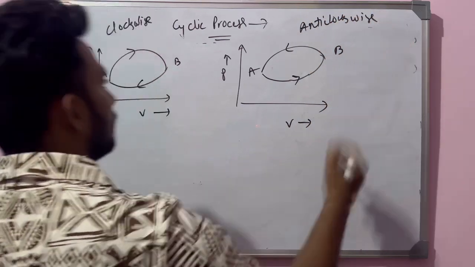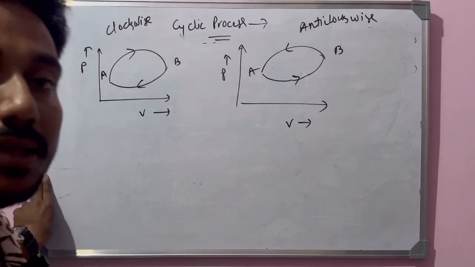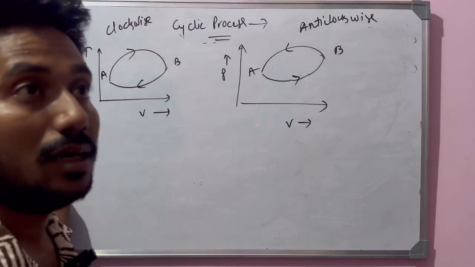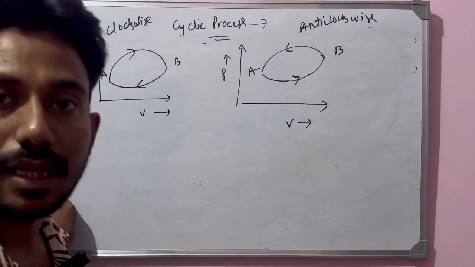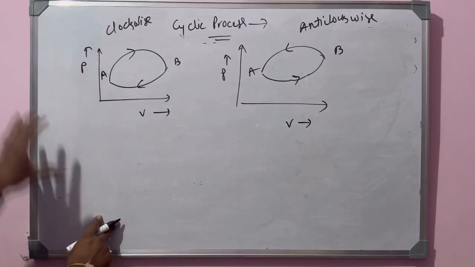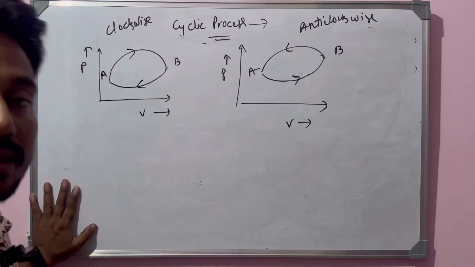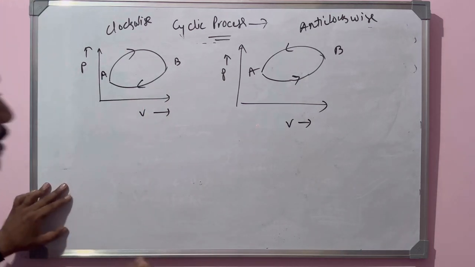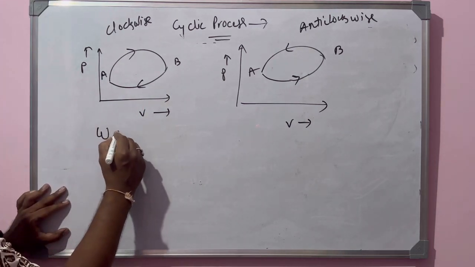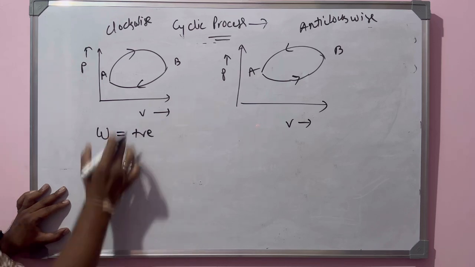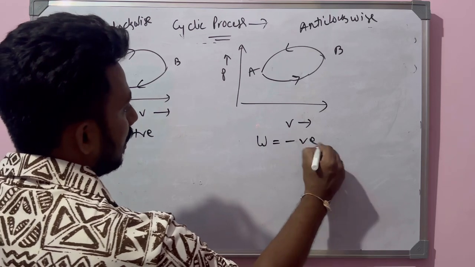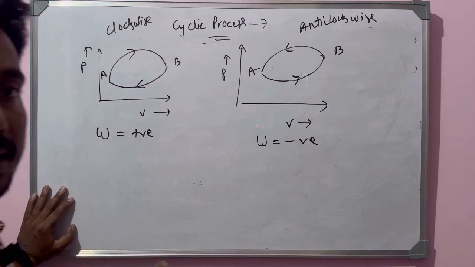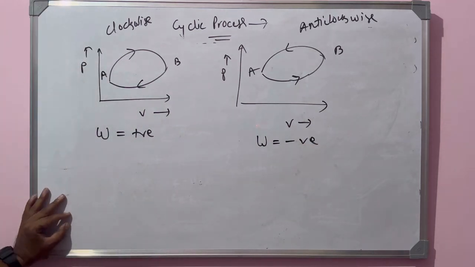Now since heat supplied to a system will be completely used in doing work, work done can be positive and work done can be negative. If the cycle is clockwise, work done will be positive. If the cycle is anti-clockwise, work done is negative. We'll explore why I'm writing positive and negative.